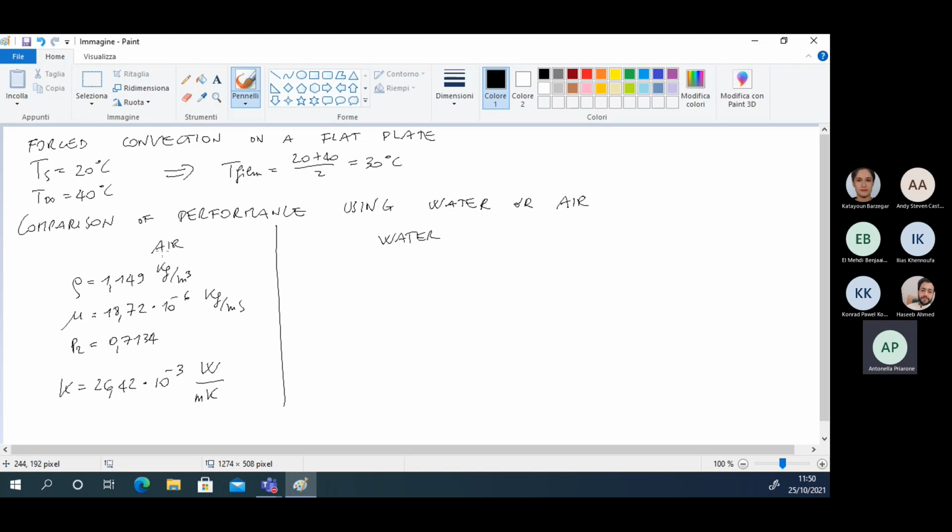In the case of water, for that temperature, the density is equal to 995.61 kilogram per cubic meter. Dynamic viscosity 797.7 times 10 to minus 6.